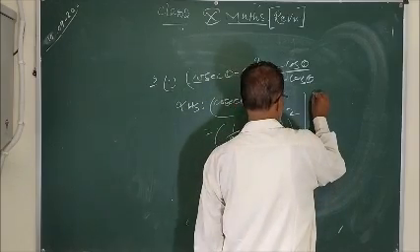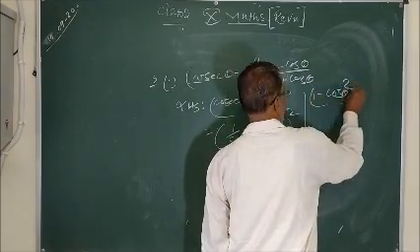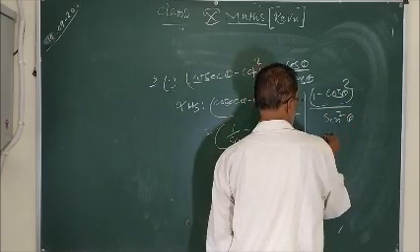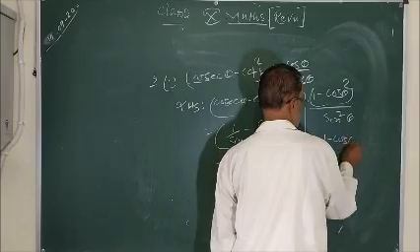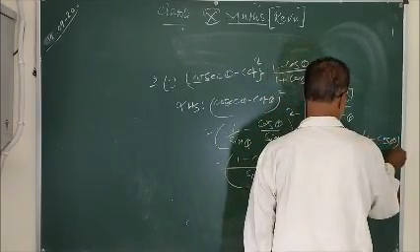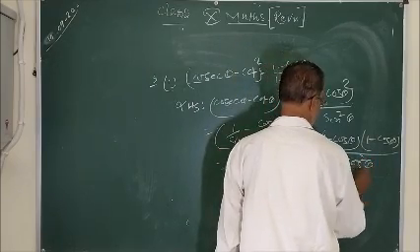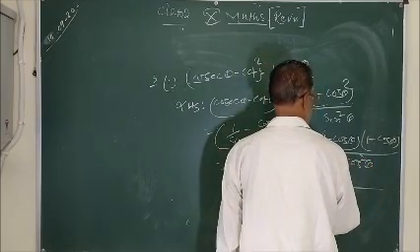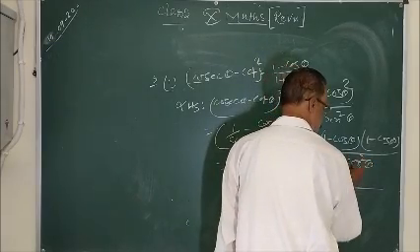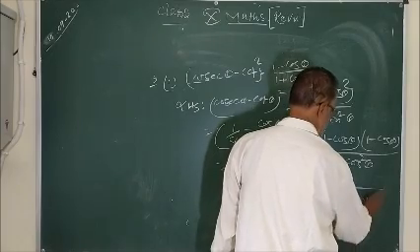Now you separate this 1 minus cos theta whole square, and denominator is also sine square theta. 1 minus cos whole square means you can write 1 minus cos into 1 minus cos, and sine square is equal to 1 minus cos square theta. Denominator you see 1 means 1 square, 1 क्यों भी हो सकता है, a square minus b square के रूप में है, तो denominator कितना आ जाएगा 1 plus cos, a plus b into a minus b.